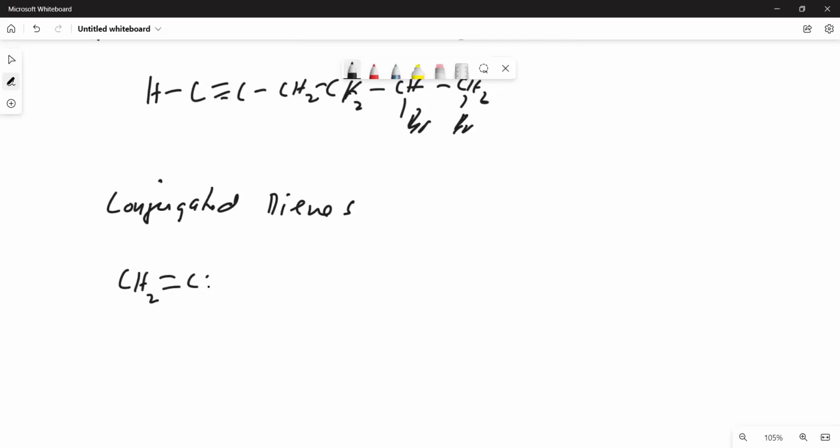Conjugated dienes are dienes that have alternate double and single bonds, like 1,3-butadiene. What will happen if you react this with only 1 mole of HBr? Which one will react?